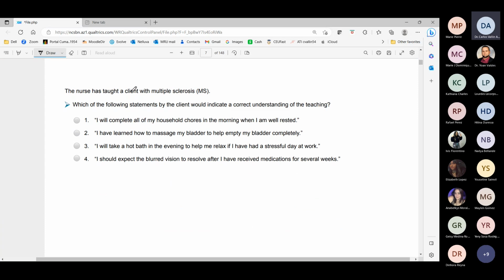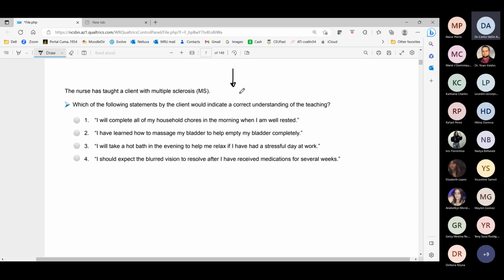The nurse has taught a client with multiple sclerosis. Now a question about multiple sclerosis. We jump to neuro. Multiple sclerosis, an autoimmune disease of unknown etiology, is a chronic, progressive condition, has no cure, has palliative, symptomatic treatment, and because it's an autoimmune disease, the treatment is mainly immune suppressors.